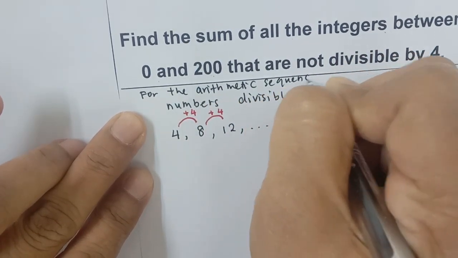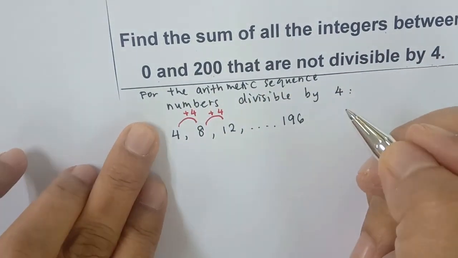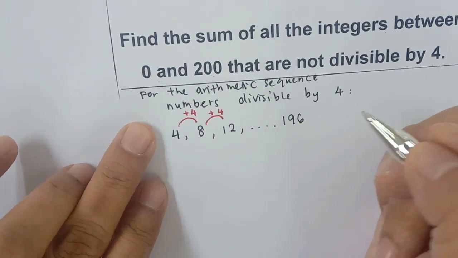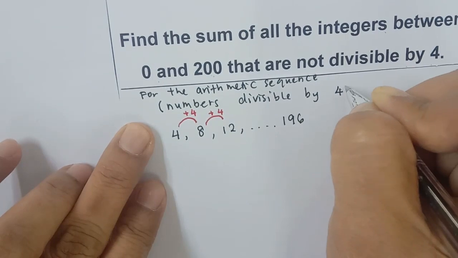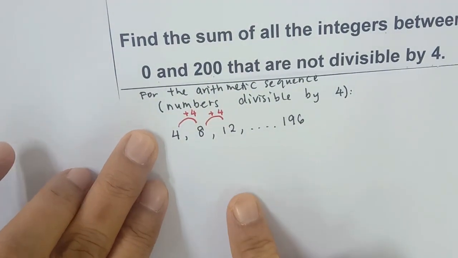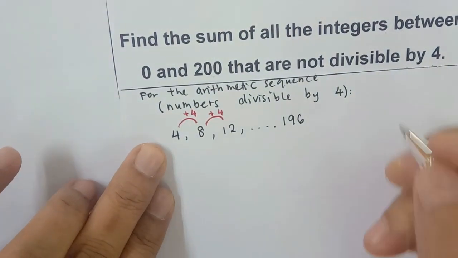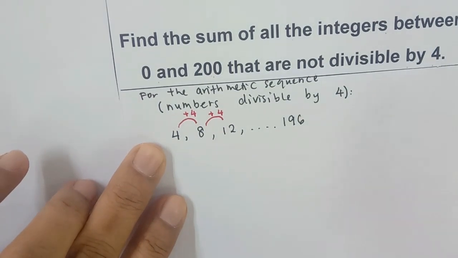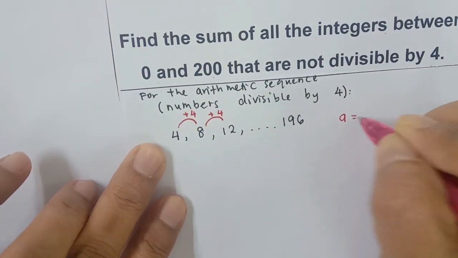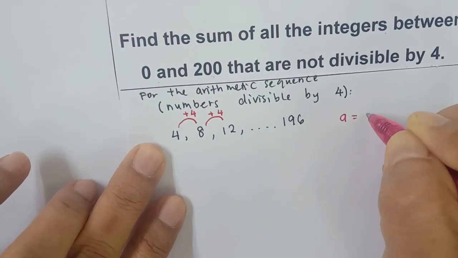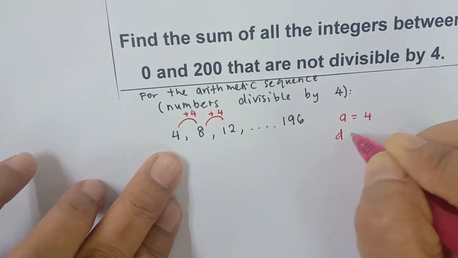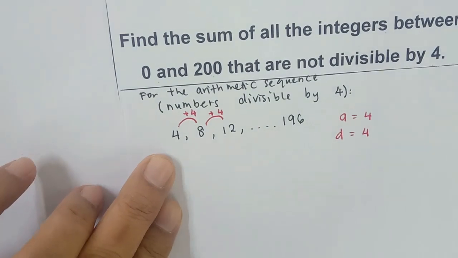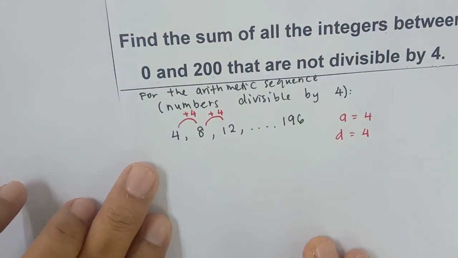For the arithmetic sequence of numbers divisible by 4, the first term a is 4 and the common difference d equal to 4. So how many terms?